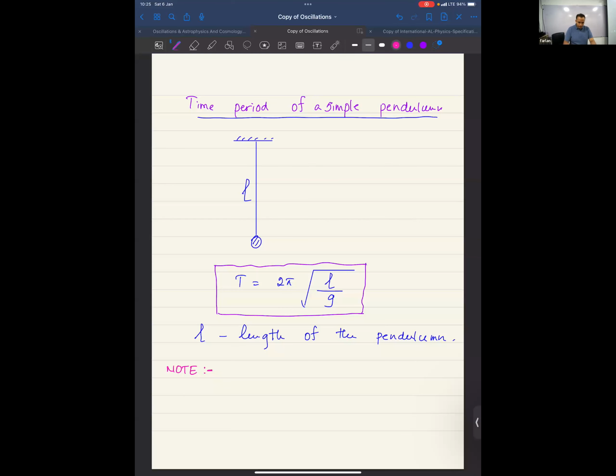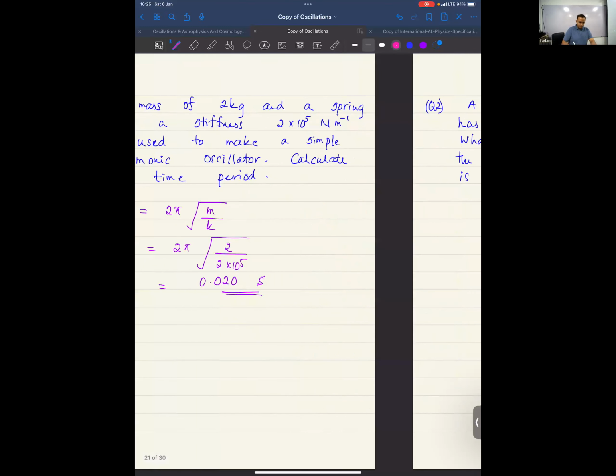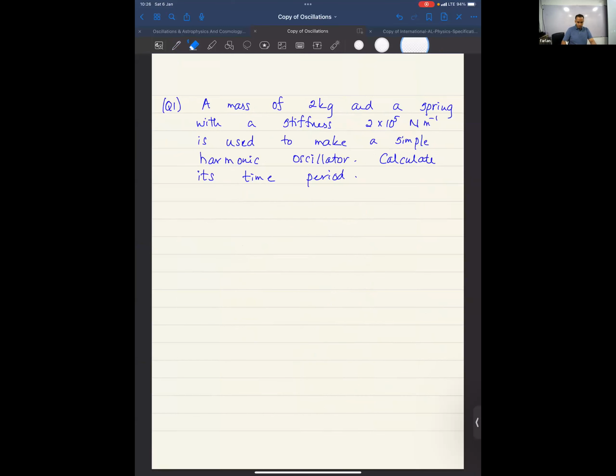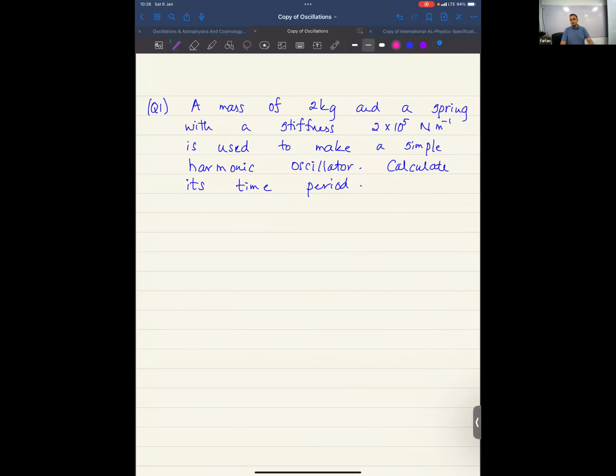Okay, right. Write down a question. A mass of 2 kilograms and a spring with a stiffness of 2 into 10 to the power 5 newtons per meter is used to make a simple harmonic oscillator.